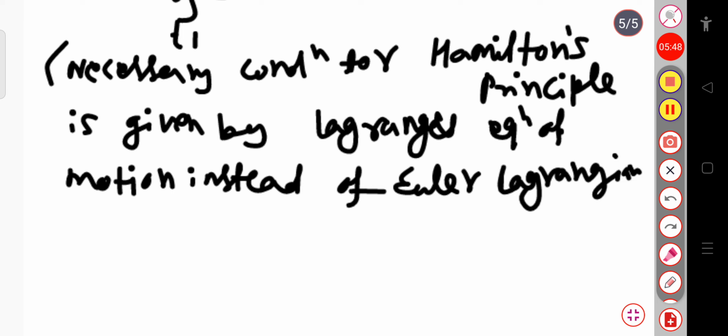But if y changes to q, y1 prime changes to q1 dot, and x changes to t, then the Lagrangian equation plays an important role.